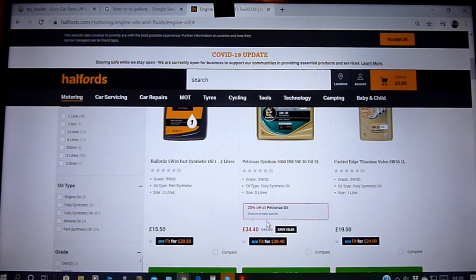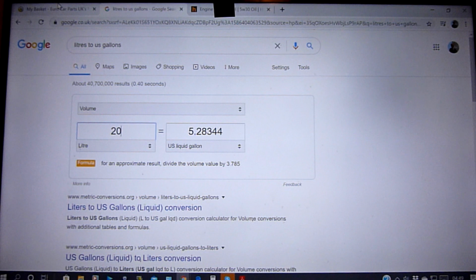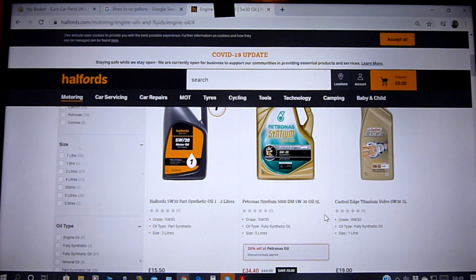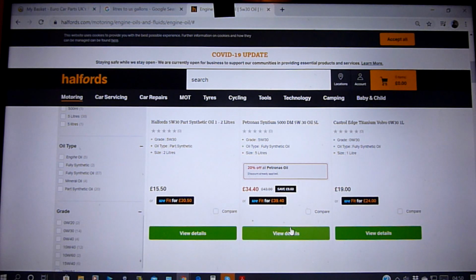Already applied. It was 43, now 34.42. This looks like exactly the same thing. Let's check it. 5,000 DM. Whoops, not that one. 5,000 CP are slightly different. It doesn't say what C1, C2 it is, so let's view that one.